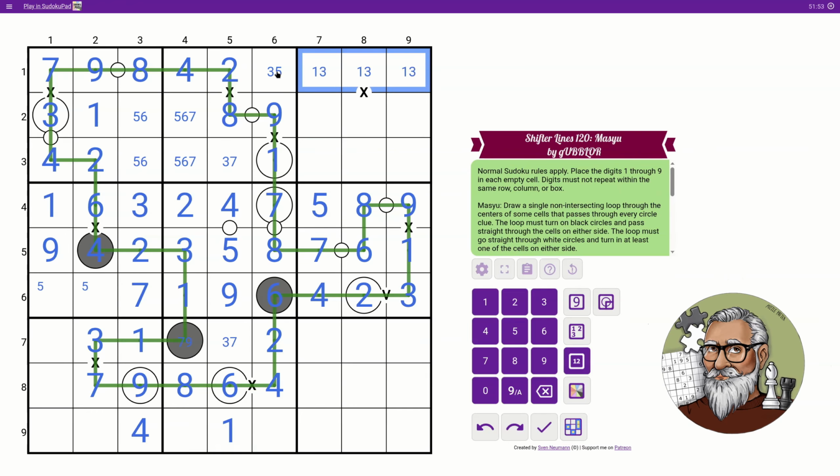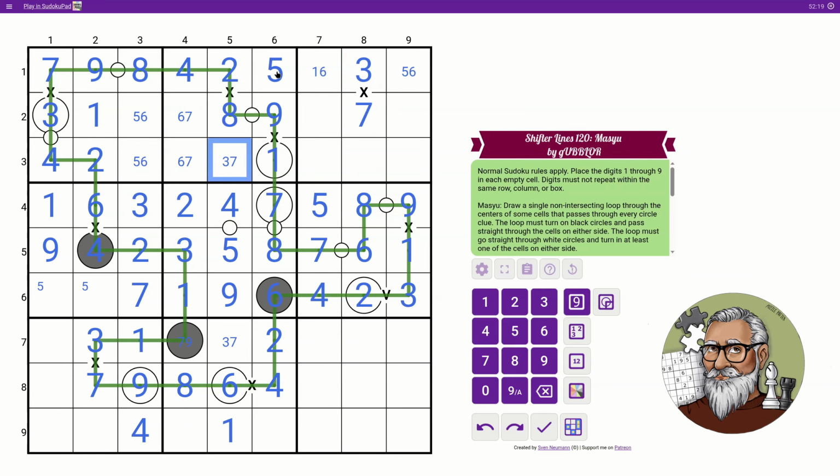And I'm still missing 1, 3, 5, and 6. That's not 1. That's not 3 either. That's not 6. And that's not 5. 1, 3, and 5 would need, well, 5 isn't. 1 or 3 would need a 7 or a 9. It's not a 9, so that's 7. That's 3. That's not a 3. That's 1 or 6. This becomes a 5.